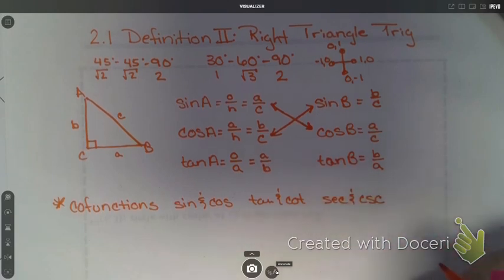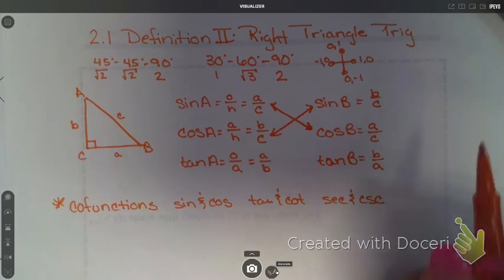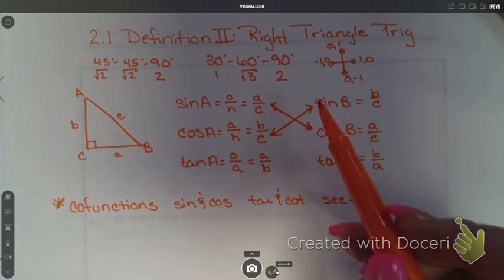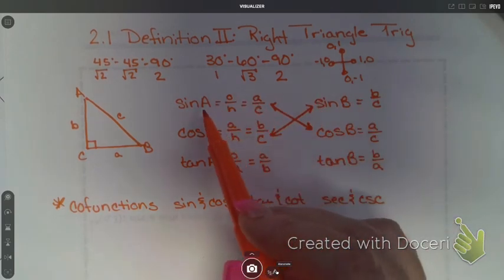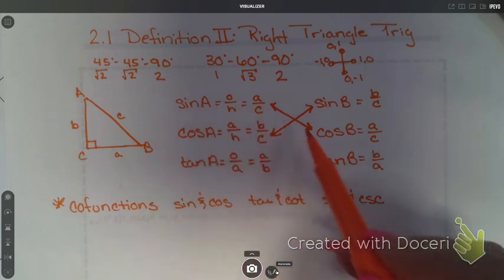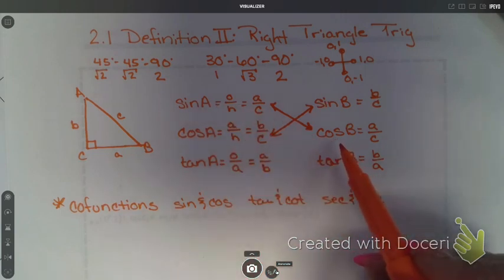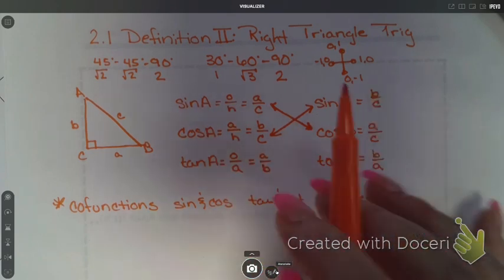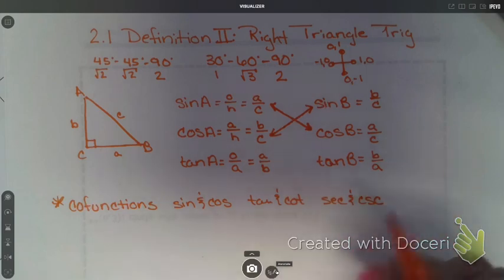Okay, so what that means is that they will be equal, and the sine of A will be equivalent to the cosine of B. And what do we know about A and B? They equal 90, so what's the word form?